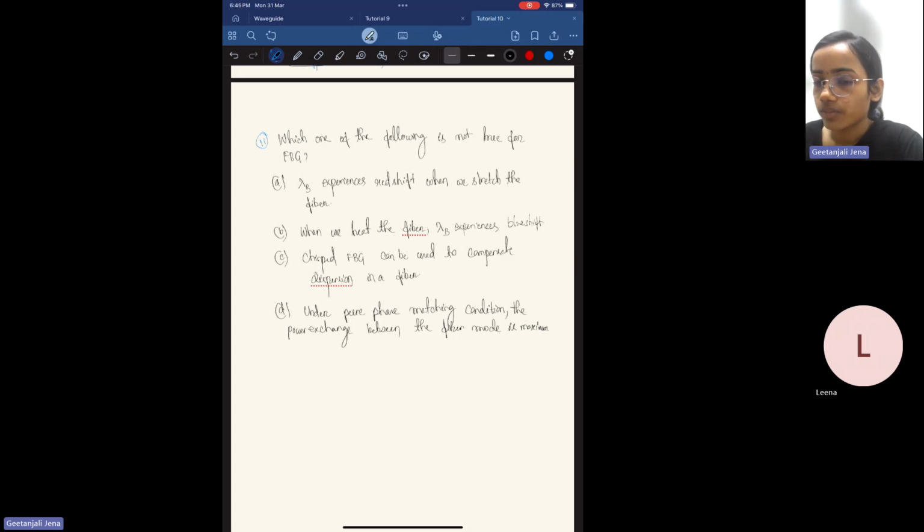Option B, when we heat the fiber, lambda_B experiences blue shift. Option C, chirped fiber Bragg grating can be used to compensate dispersion in a fiber. And option D, under pure phase matching condition, the power exchange between the fiber modes is maximum. So which one of the following is not true?